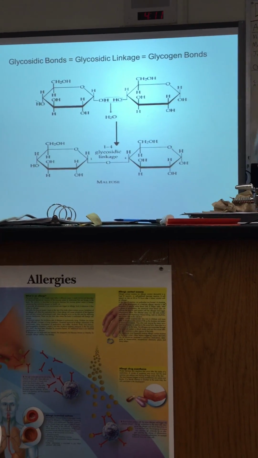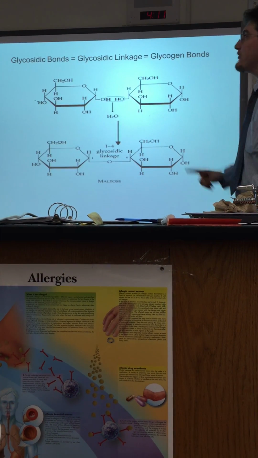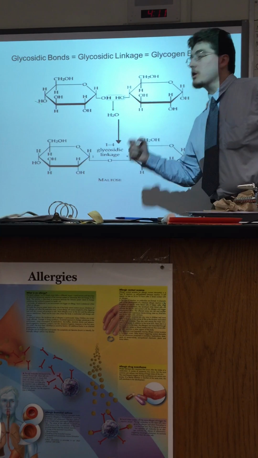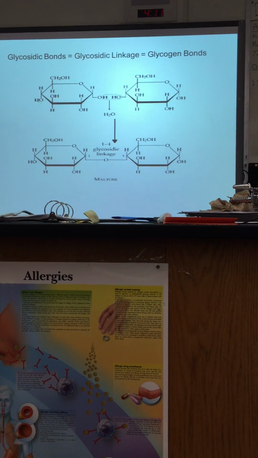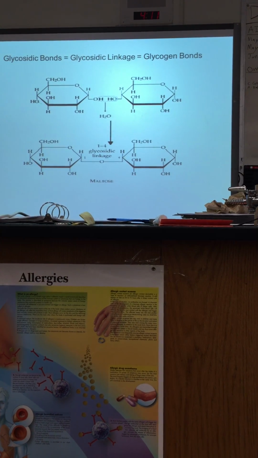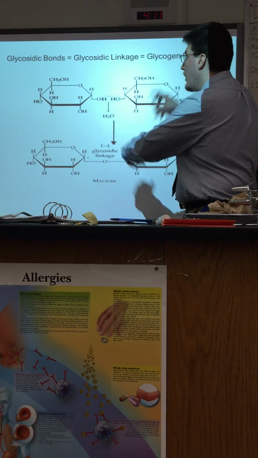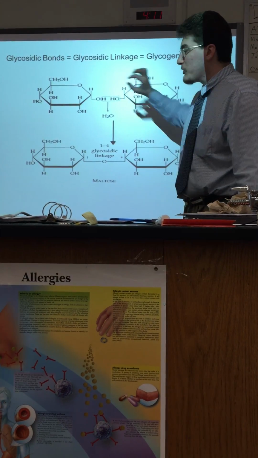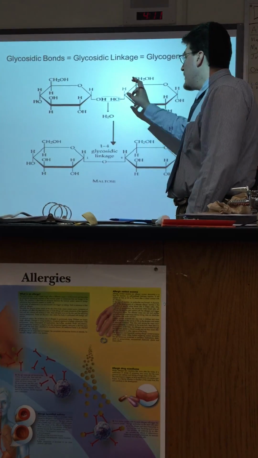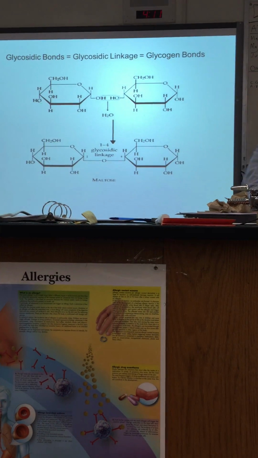So, glycosidic bonds. The name glycosidic bond or glycosidic linkage refers to the bonds between carbohydrate monomers. It is formed by a condensation reaction. The hydrogen interacts with the hydroxyl group on the other side, forming water, and you end up with a 1,4 glycosidic linkage.